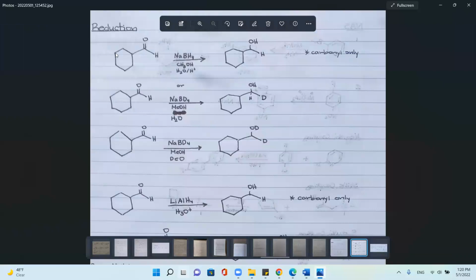So we'll come back here, but a couple ways to synthesize alcohols: we start with an alkene or an aldehyde, and then we add a reduction reagent. This could be sodium borohydride, lithium aluminum hydride, or even our Raney nickel reaction.